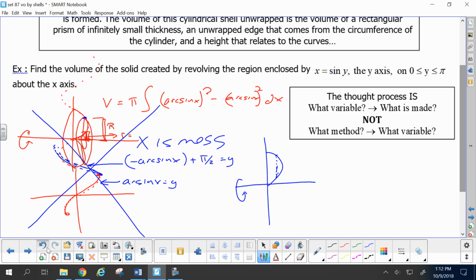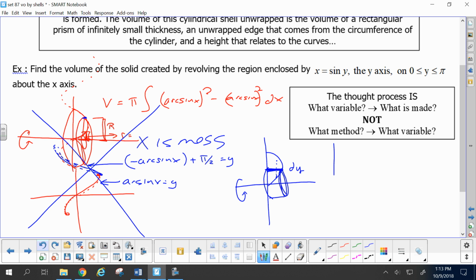No, that's an x slice. A y slice actually looks like that. When you make a dy slice, don't think vertically, think thickness. Thickness vertically is dy, and that revolve would not make a washer, but a cylindrical shell.